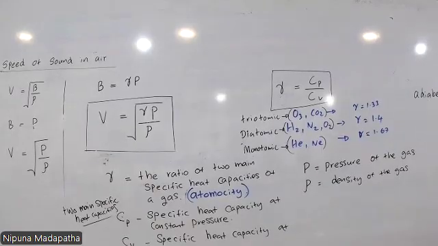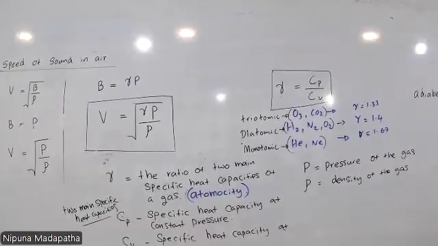What is the standard temperature in physics? In chemistry it is 25 degrees Celsius, but in physics it is 0 degrees Celsius, 273 Kelvin. What is standard pressure?